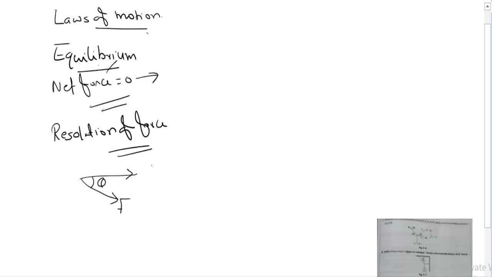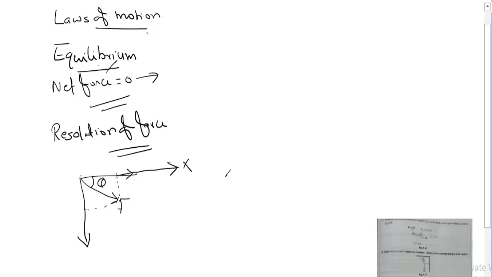Then I can divide it into two components. This is the y axis, and this is the respective x axis. And I can draw one perpendicular from the vector towards the x-axis and towards the y-axis.